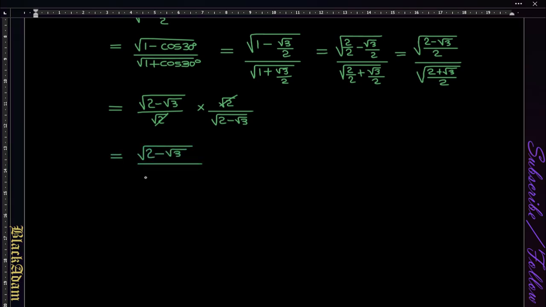That should be plus there, so it's root 2 minus root 3 over root 2 plus root 3. So that's our final answer.